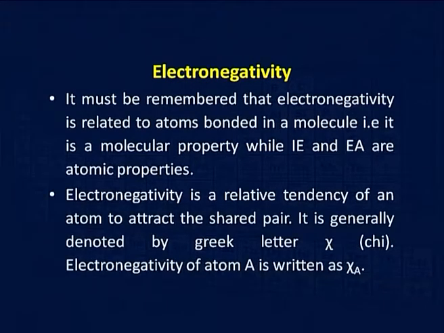This electronegativity is a relative tendency of an atom to attract the shared pair of electrons towards itself, and it is generally denoted by the Greek letter chi. If the electronegativity of atom A is written as chi A, this chi A shows the electronegativity. If the electronegativity of atom A is more, then the chi A value for atom A will be high.